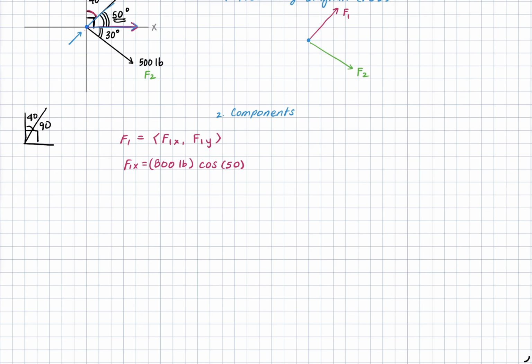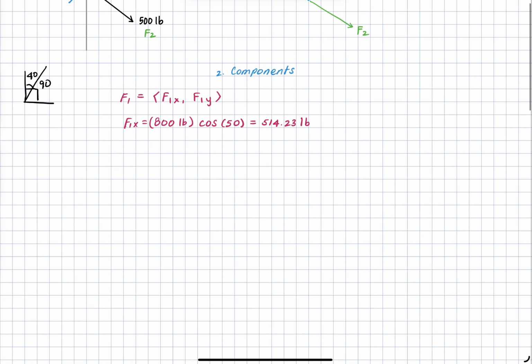To get our F1x, we just multiply 800 times cosine 50, and that should give us 514.23 pounds. Okay, so that is our F1x. I'm just going to highlight that so we can come back to it.